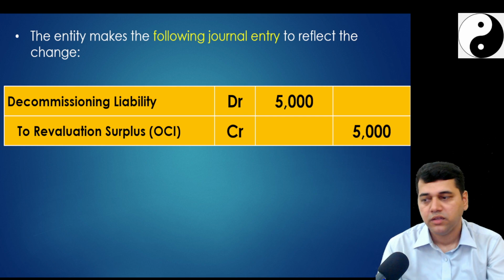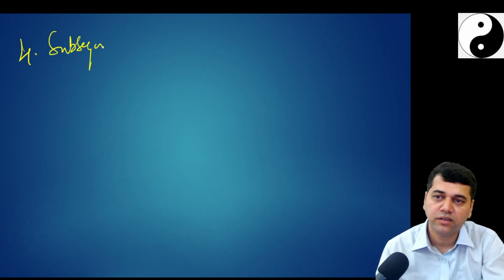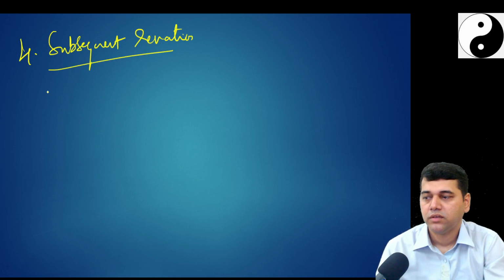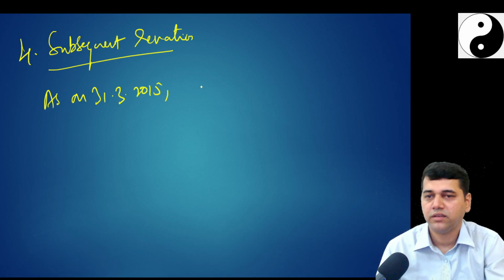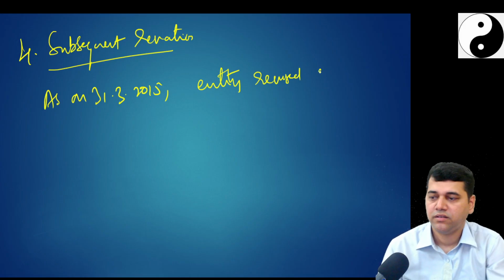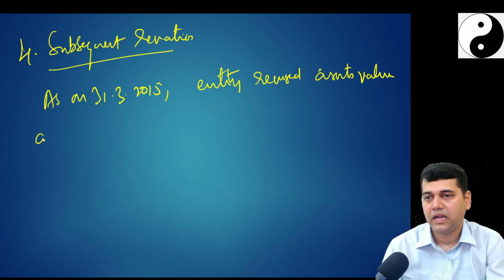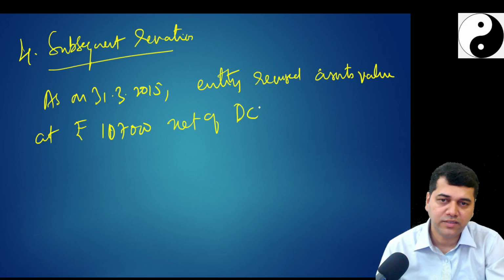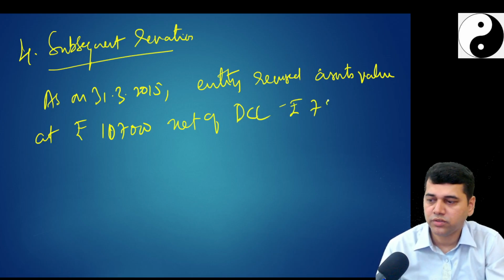That's it. Now subsequently, what is going to happen? Point number 4. Subsequent revaluation. As on 31st March 2015, the entity revised the asset's value at rupees 1,07,000, net of DCL rupees 7,200.